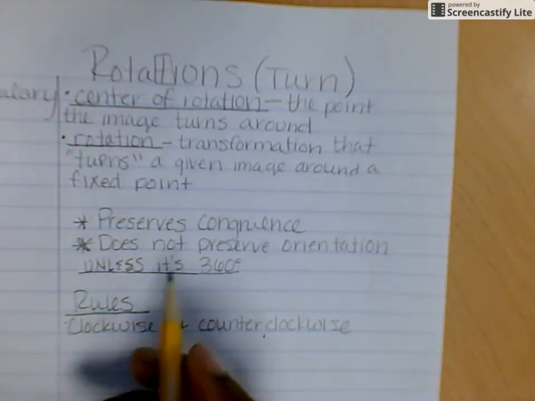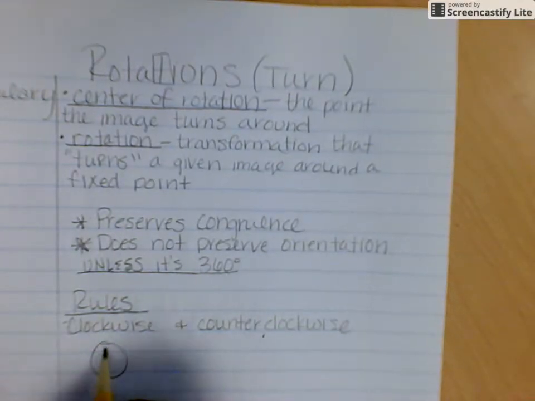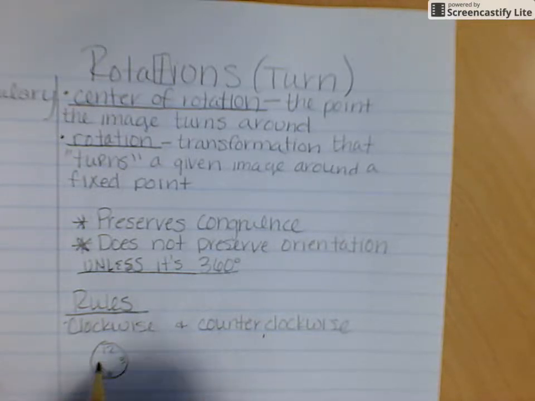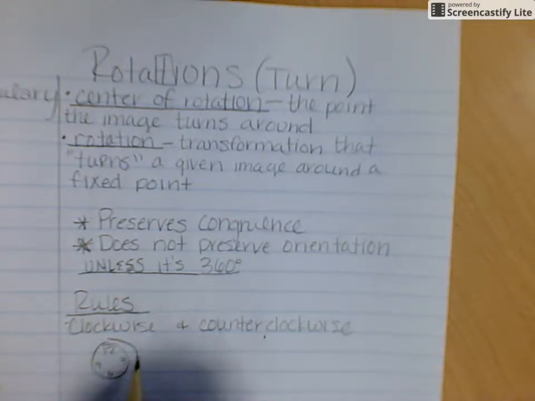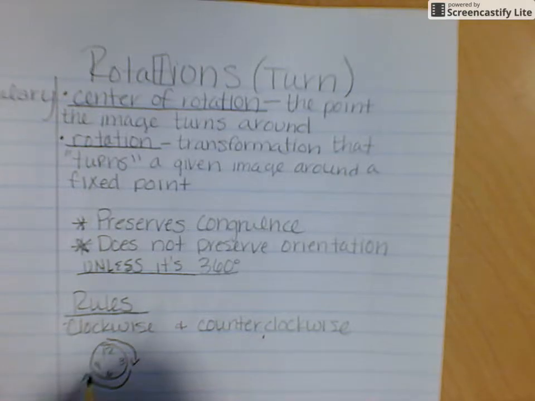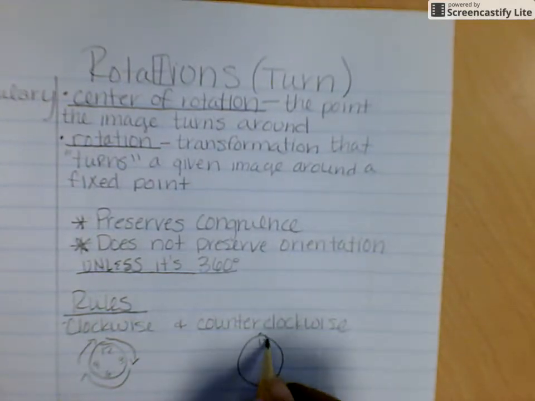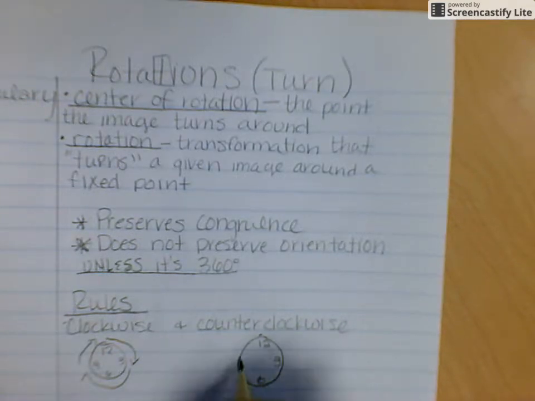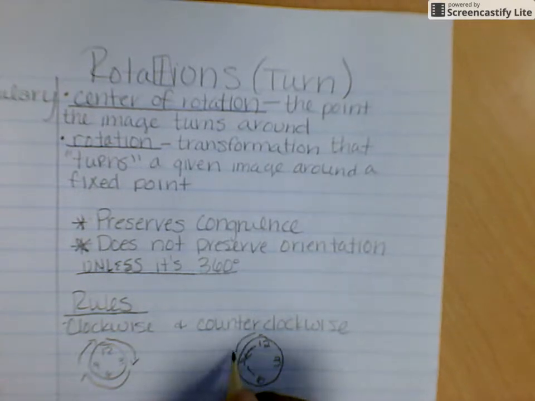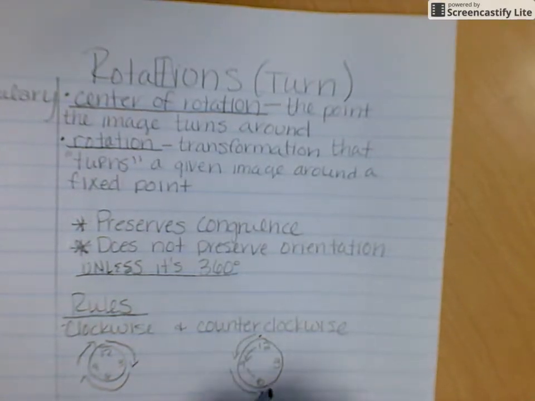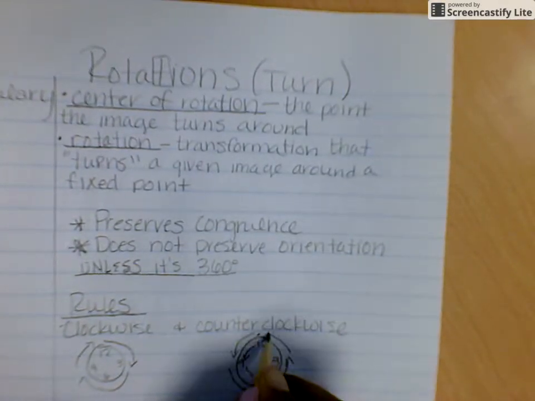So clockwise goes like a clock, 12, 3, 6, 9, right? So it rotates this way. Counterclockwise rotates opposite of the clock. So it's going to go this way. Oh, let me put it on the outside like I did this one. Okay.